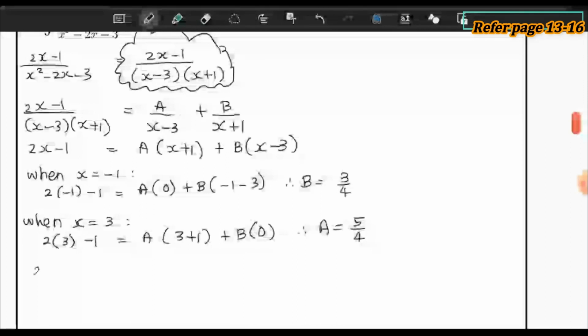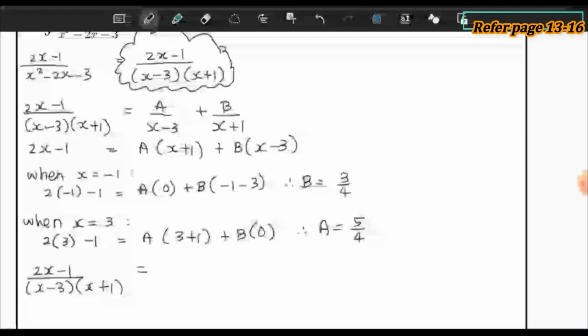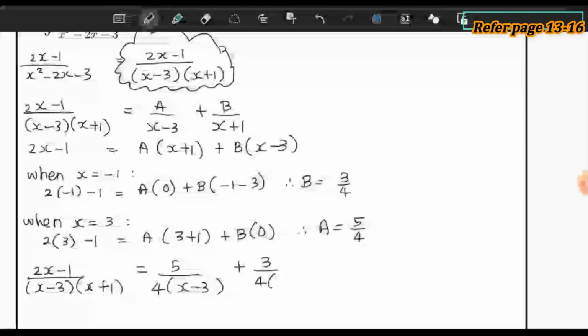The partial fraction of 2x minus 1 over x minus 3 x plus 1 equal to 5 over 4 times x minus 3 plus 3 over 4 times x plus 1.